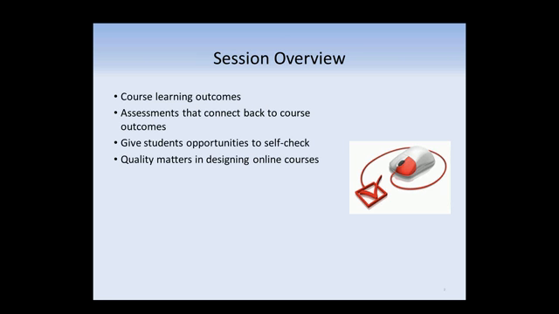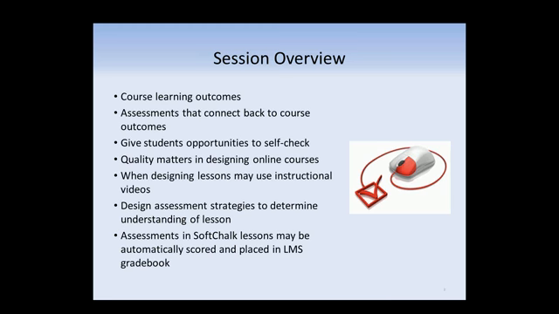When you design a course, I like having the Quality Matters rubric or the annotated rubric in front of me so I can make sure I cover all the things, and we'll talk about that briefly. I also include instructional videos in my course. I make my own, and we'll talk about that also.